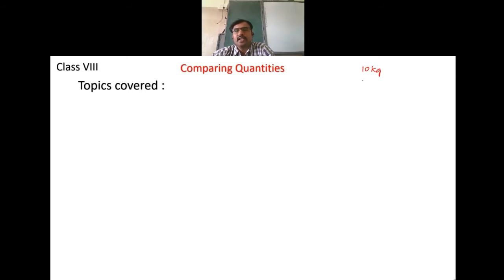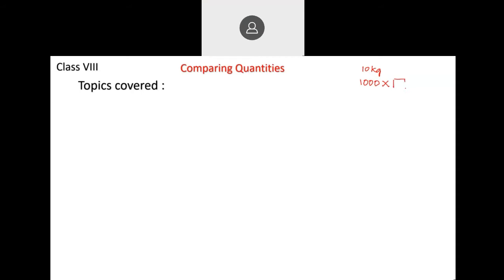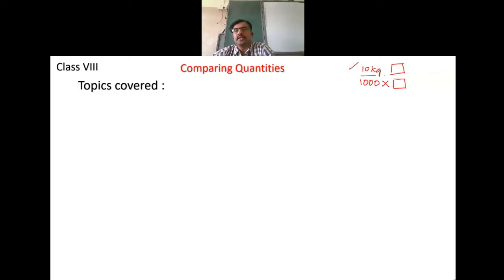When I compared Shobhan's weight with the elephant's weight, I said the elephant is 1,000 times more. Isn't it? Yes, sir. In this way, it is a comparison through subtraction. In this way, it is comparison by taking the ratio.